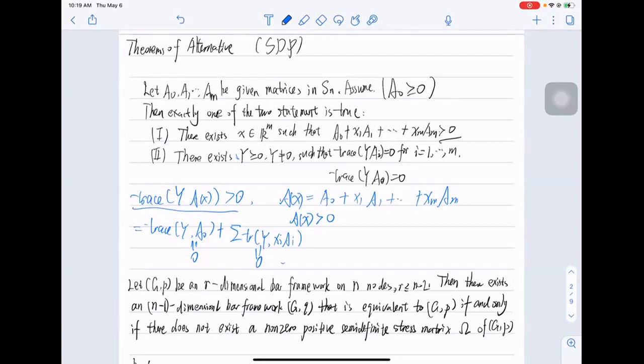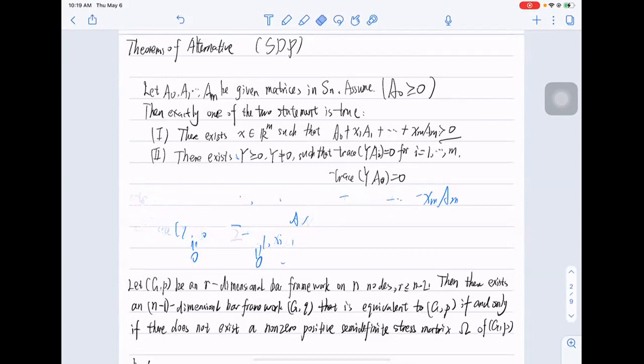Well, now to prove the other direction. Let's assume the first statement is not true. So there does not exist x such that this affine combination, A_0 plus A(x), is strictly positive definite.